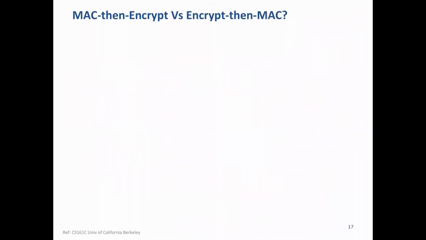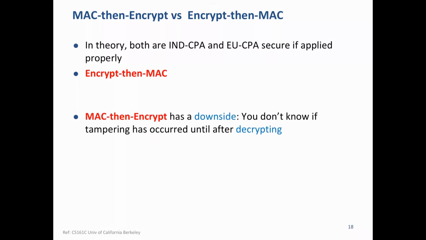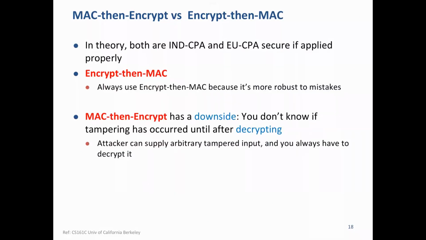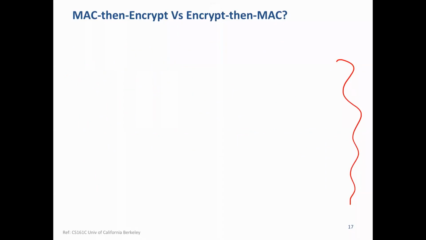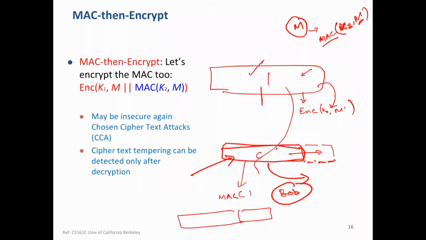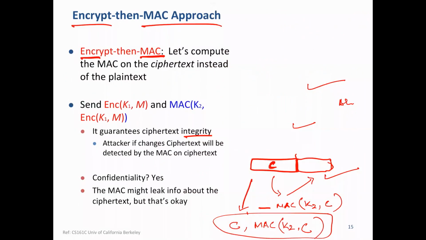All right. So now these two methods that we studied are shown again, described here. We'll skip this. Now encrypt then MAC, this method. Encrypt this then MAC.